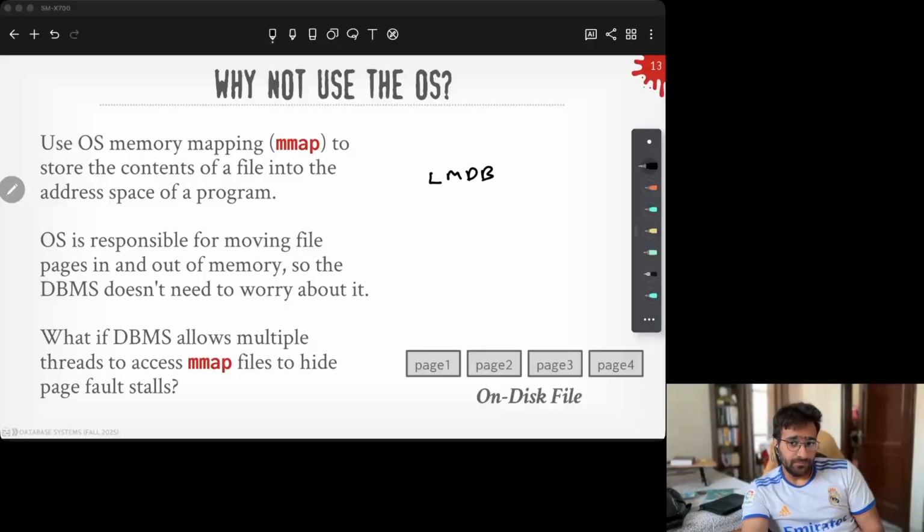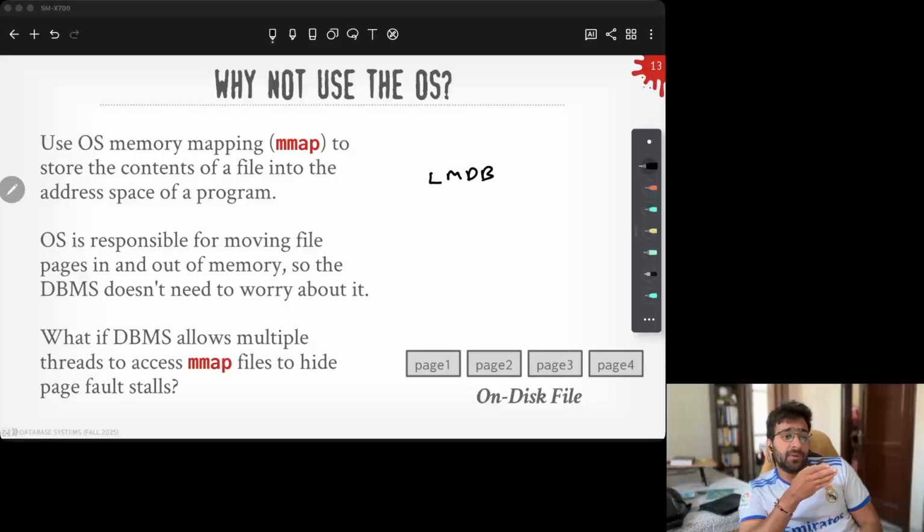So there are two semantics. One way is to just do an fopen, get a file descriptor, and then use that file descriptor to make the changes. Another way is to memory map the file. The operating system will memory map it for you and hand you back a pointer to a memory address, and then you can treat it as if you were writing to some memory location in the heap.